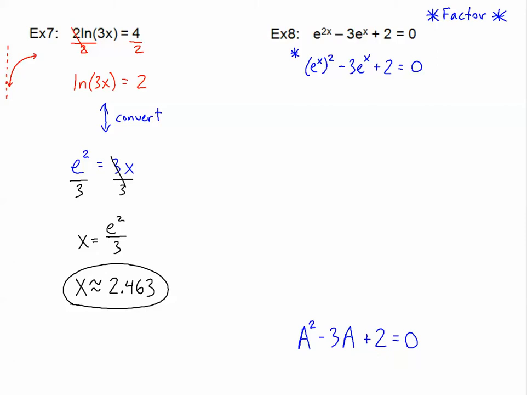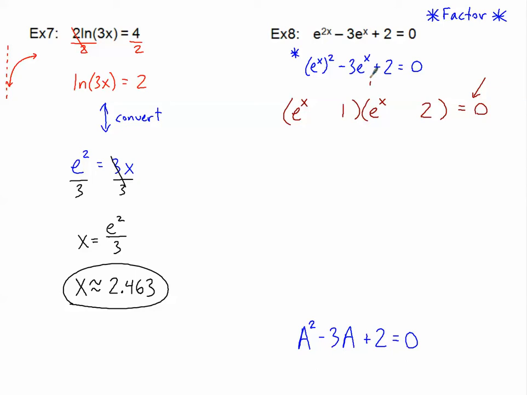So since I know that that's going to factor, I'm going to go ahead and put my parentheses. I'm not going to forget that, of course, it's equal to 0. E to the x squared splits up into e to the x times e to the x, just like a squared would split up into a times a. The back of the parentheses, well, there's only one way to multiply to get 2. It's a 1 and a 2, so I'll go ahead and put those in there.